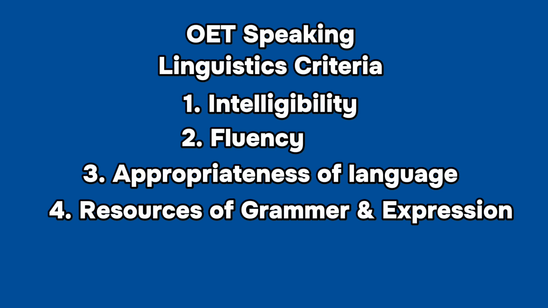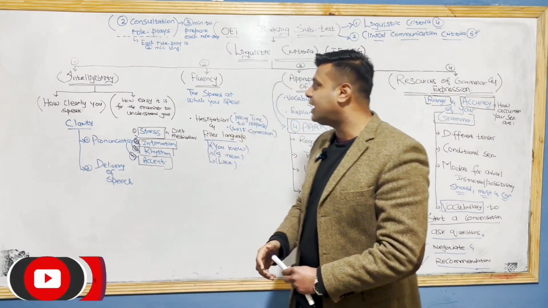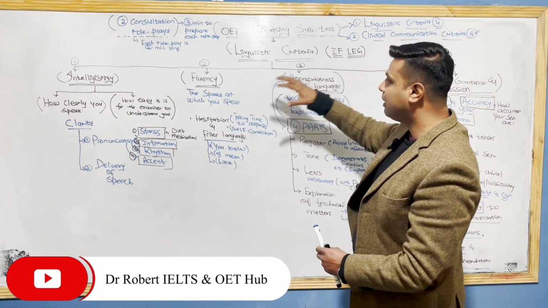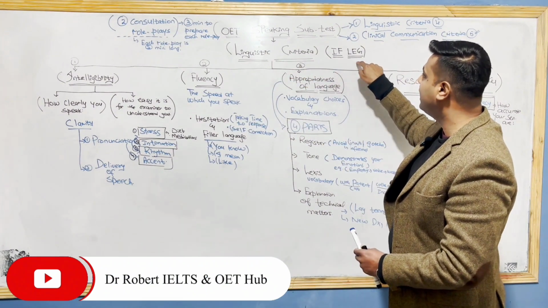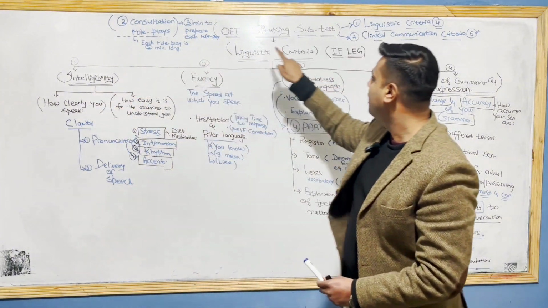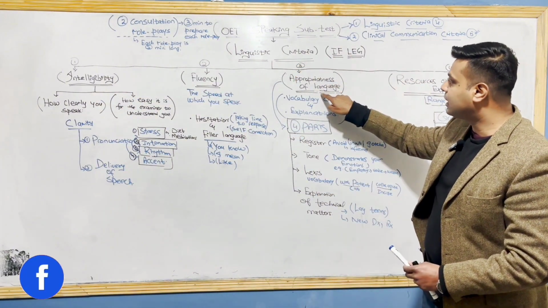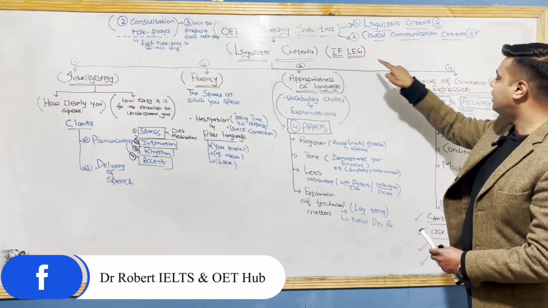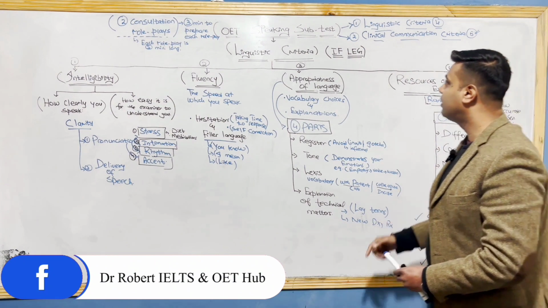Now, I made one formula to help everyone remember these linguistic criteria: IFLEG. I is for intelligibility, F is for fluency, L is for language, E is for expression, and G is for grammar.